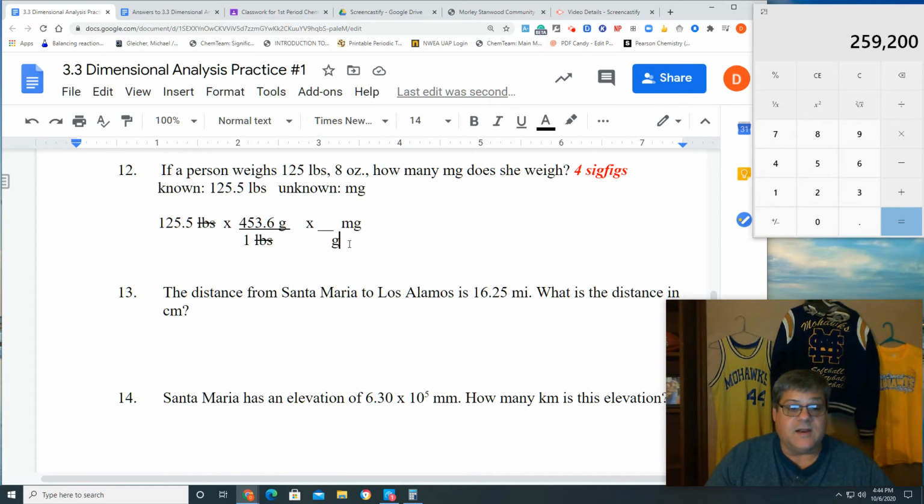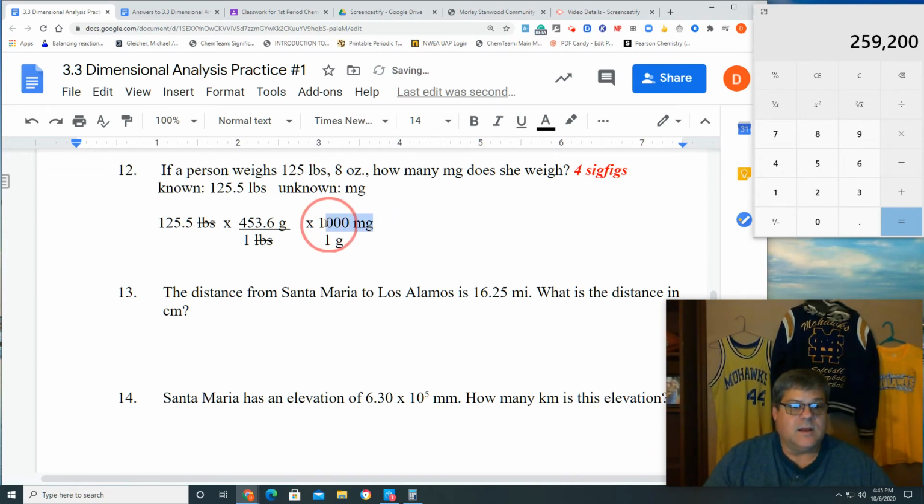Unless I know the difference between grams and milligrams, which I do, all I've got to use is a staircase. If I said I had 1 gram, how many milligrams do I have? Well, 1 gram, 3 steps down the staircase. So if I go 3 steps down the staircase, that means I must have 1,000. 1 gram equals 1,000 milligrams.